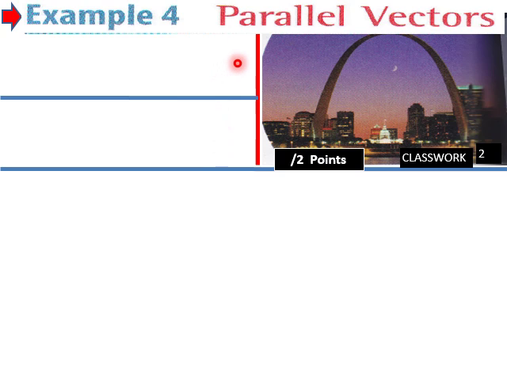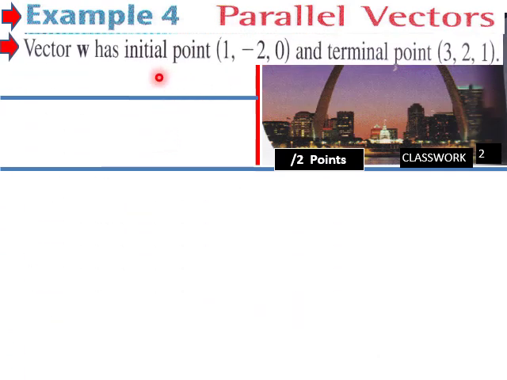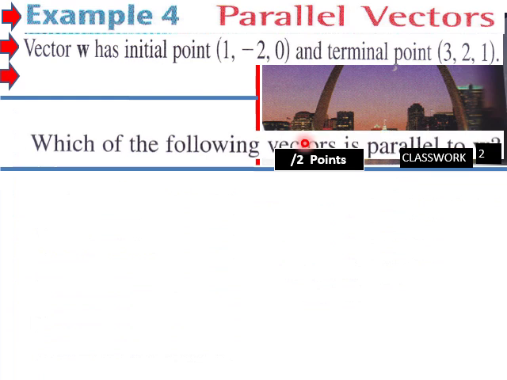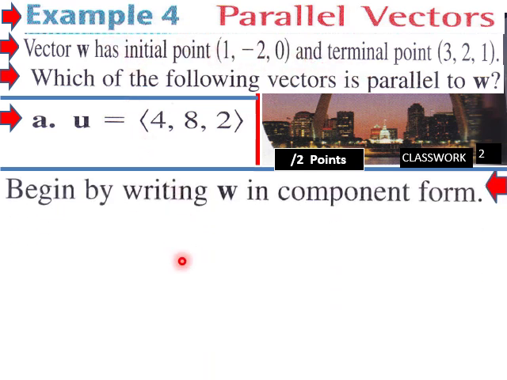Okay, knowing that little bit of information, parallel vectors. Vector w has an initial point of (1, -2, 0) and a terminal point of (3, 2, 1). Which of the following vectors is parallel to w? Okay, we've got a here: u equals <4, 8, 2>. Is this parallel to vector w up here?